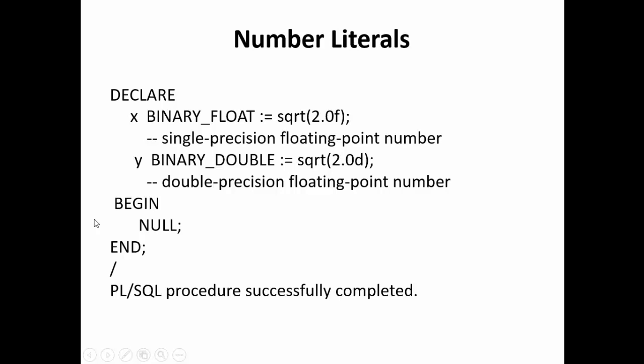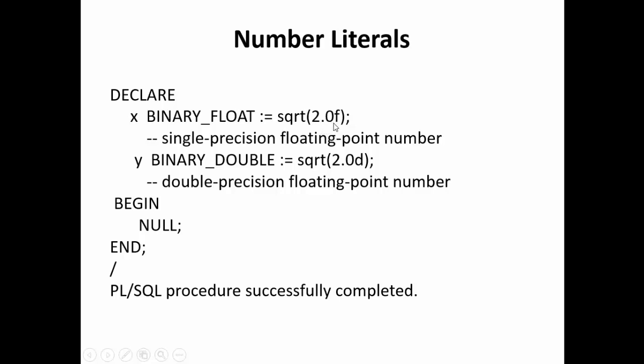So this is another example of how you declare variables. Look at this. In the DECLARE section, I declared two variables, x and y. x is BINARY_FLOAT, the data type, and here itself I am assigning SQRT, which is a built-in function, of 2.0f. F indicates it is a floating point number.